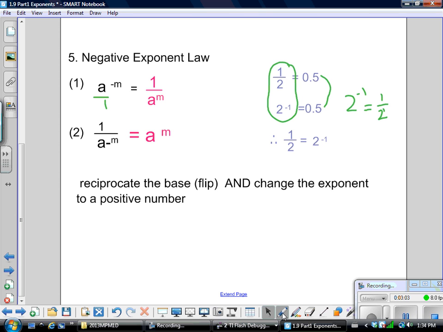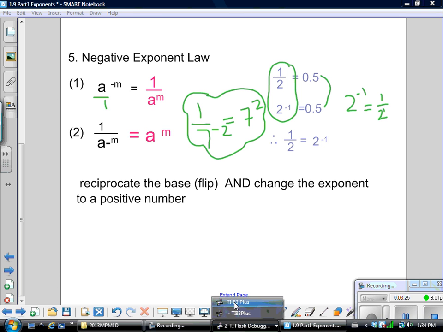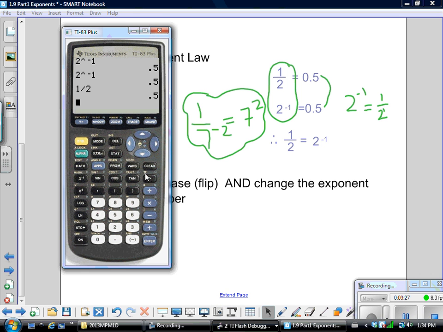So I could even take the number 7, 1 over 7 to the negative 2. According to this, that would be 7 squared, which you know is 49. Hopefully you know that. So let's take the calculator and see if that's actually what it gives me. I'm going to bring it up again and clear what we have on there.